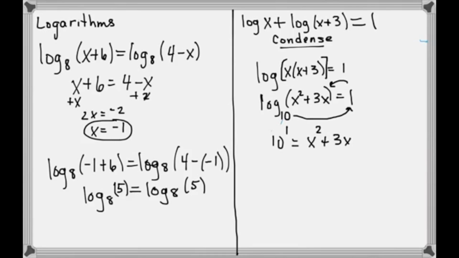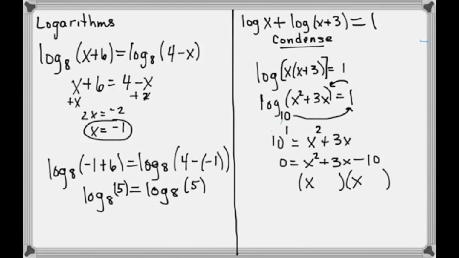Once we get here, what happens? Subtract 10 from both sides. Factor. How do I factor that problem?